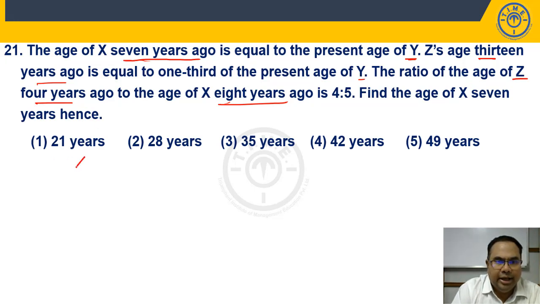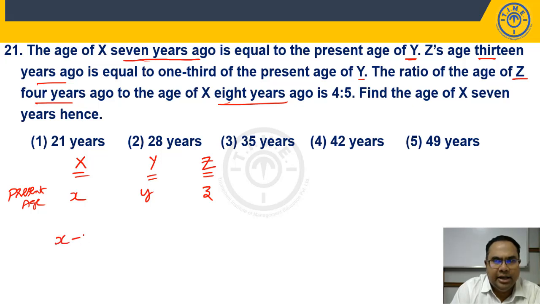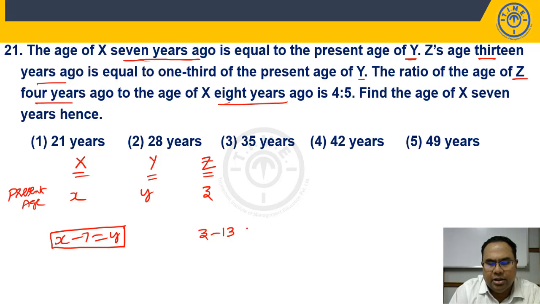Right. So X, Y, Z, let us take their present ages. Present age of X is X, Y is Y, Z is Z. X 7 years ago, X minus 7 is equal to present age of Y. So X minus 7 is Y. Z 13 years ago, Z minus 13 is equal to 1/3 the present age of Y, Y by 3.